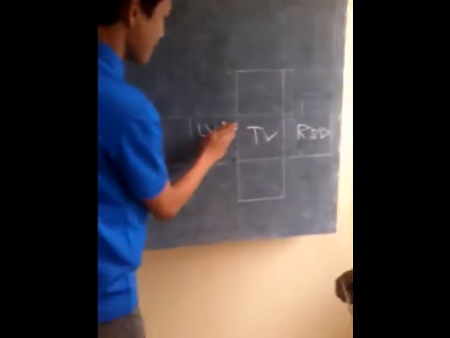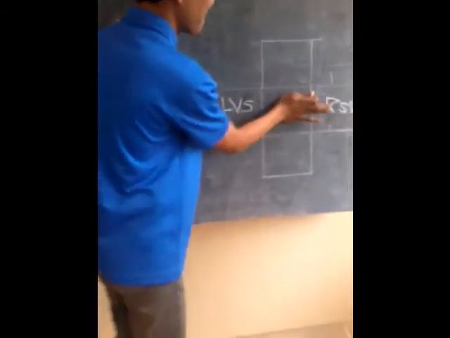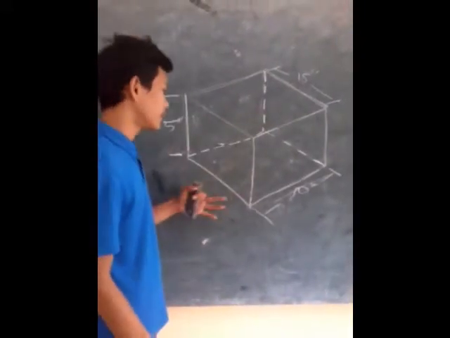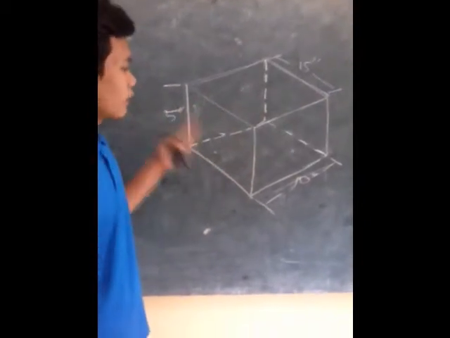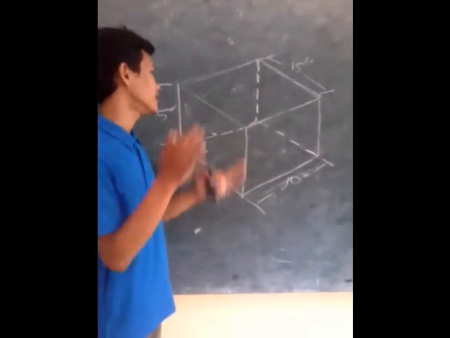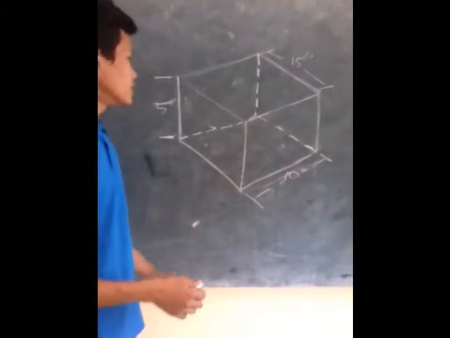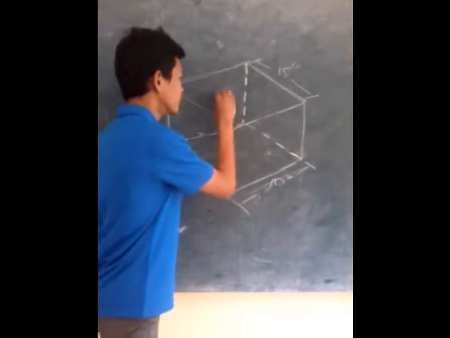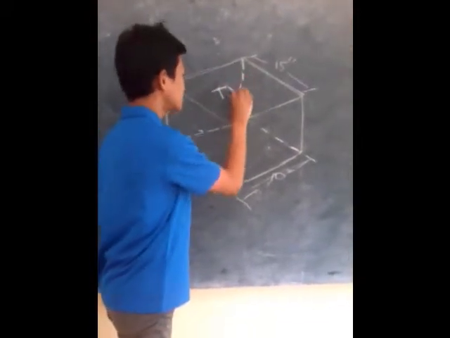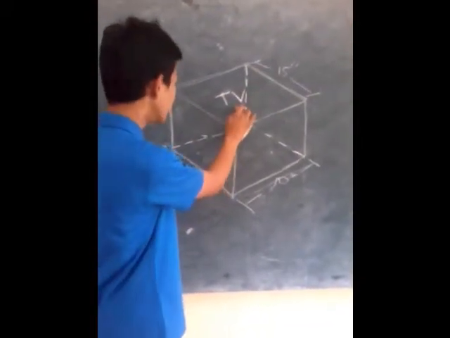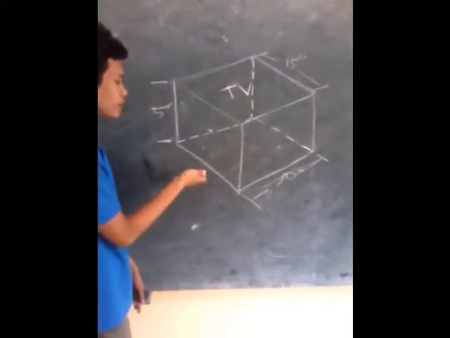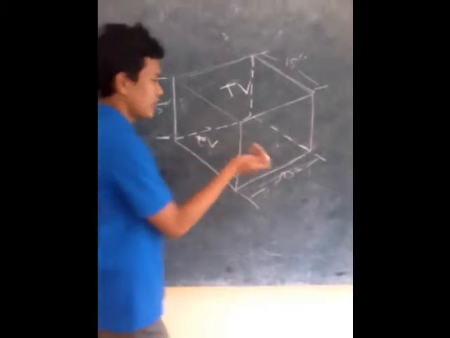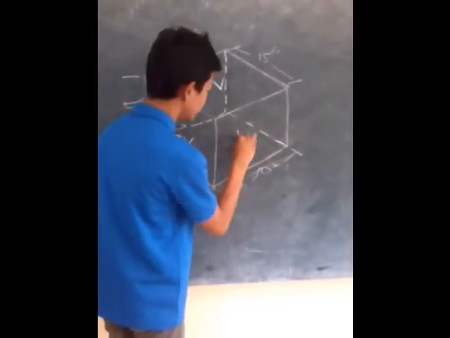This is an example of an object, and we call this a cube. So we assume that this is our top view, which symbolizes TV, top view. And this is our front view, FV. And the other one is our right side view. And behind this is the left side view.